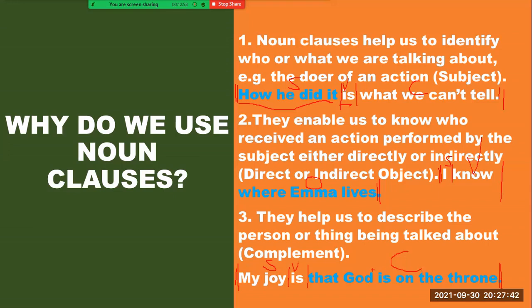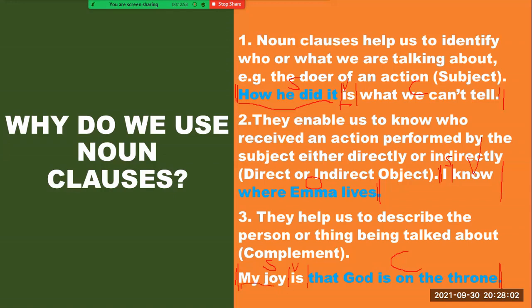A complement is a word or a group of words that completes the meaning of either the subject or the verb. In this case, the complement is giving us information about the subject.